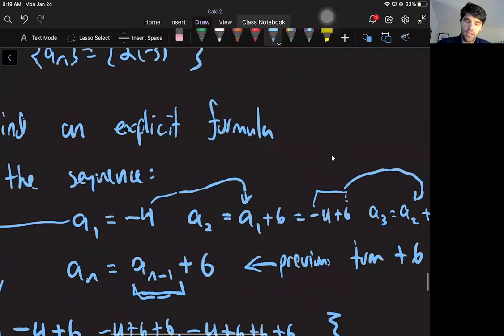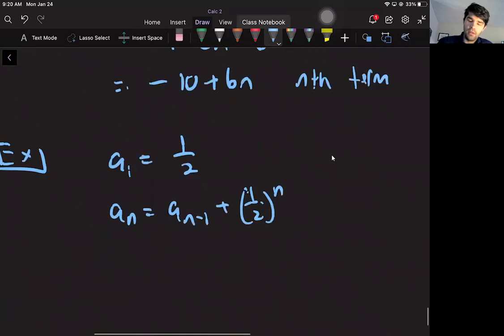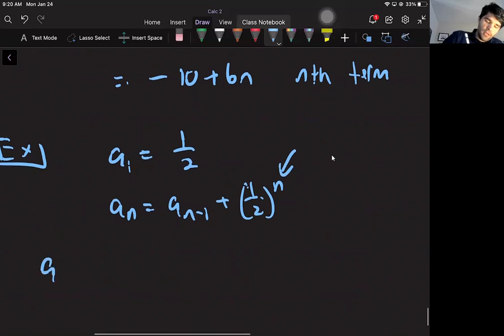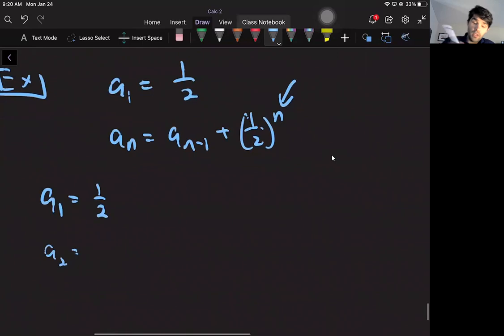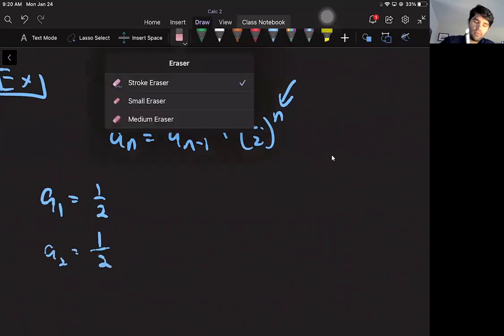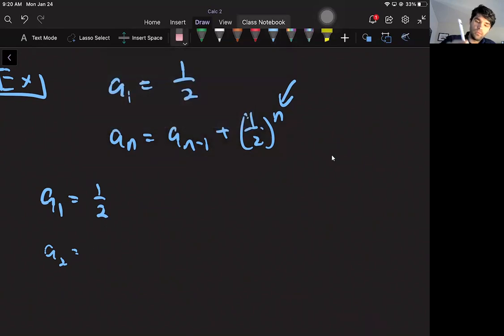But you can get much more fancy, and you can put in the variable too. So let's write out some terms here and see what happens. That's 1/2. So A2 is going to be the previous term, which is A1. Let me write that first.